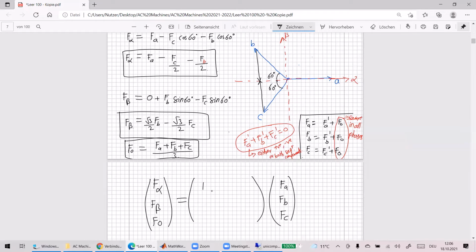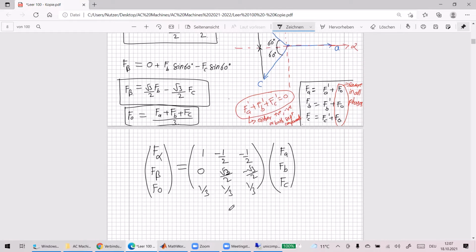Second? 1 by 2. Minus 1 by 2. Then the second row, the first element? 0, because there is no FA. What about the second? Root 3 by 2. And the last? Minus root 3 by 2. Perfect. What about the last row? 1 by 3, 1 by 3, 1 by 3.